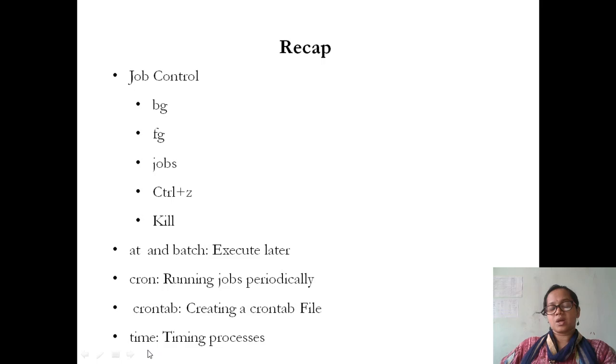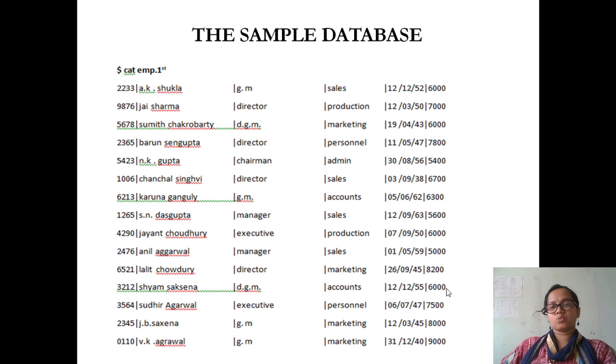Also the time command, which helps us know the actual real system as well as the user times used to execute a particular process. These are the things we discussed in the previous session, and we will move on to today's class with the sample database.